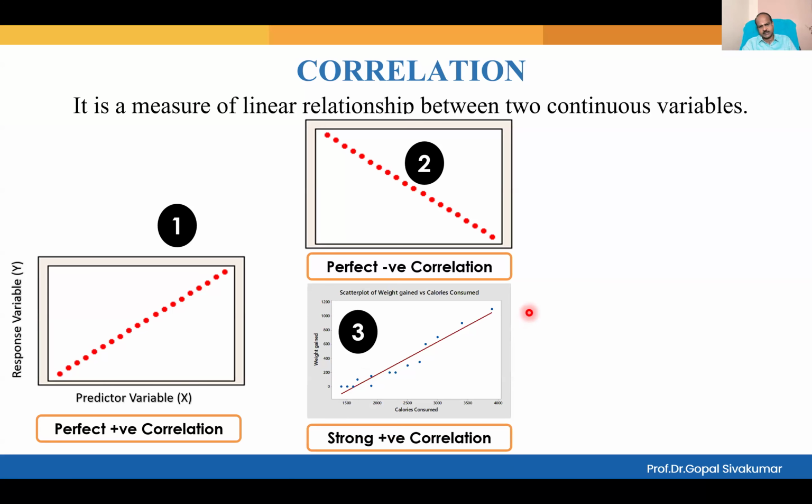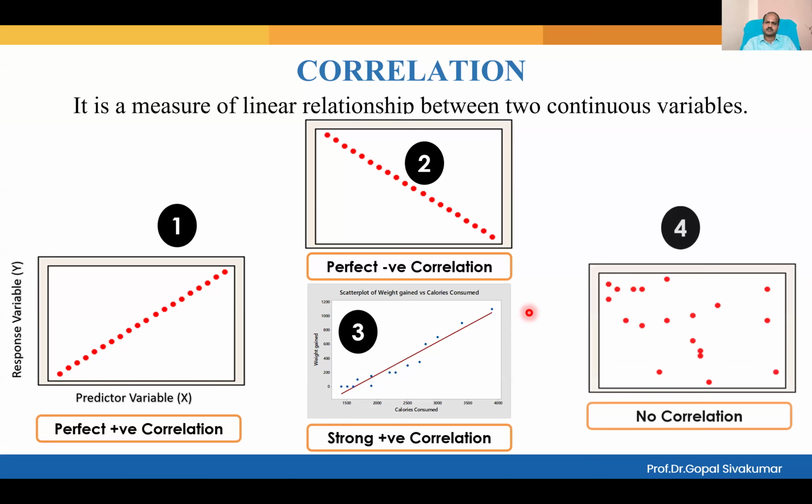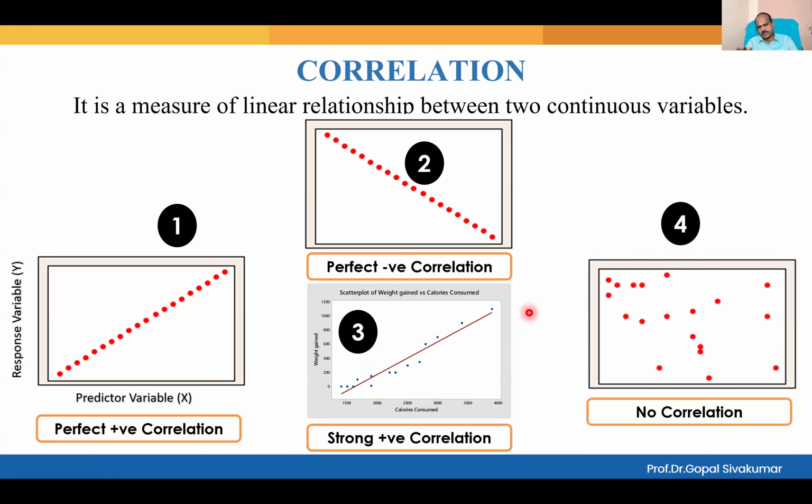You can understand, as I keep on increasing my x, my y is going up. So, strong positive. Now, if you look at the fourth graph, where the x variable is modified and y variable is recorded, I am not able to identify any relationship between x and y.